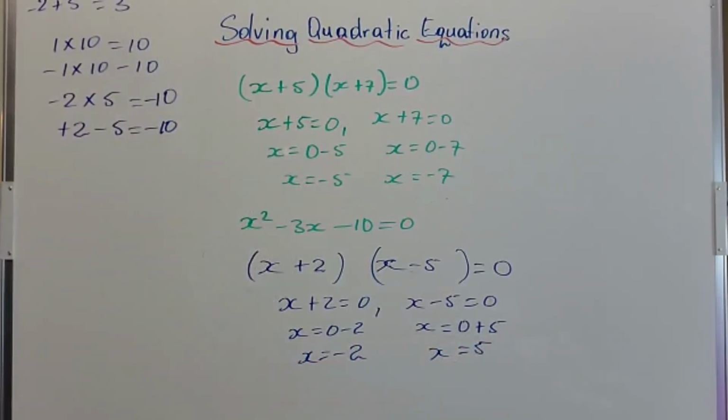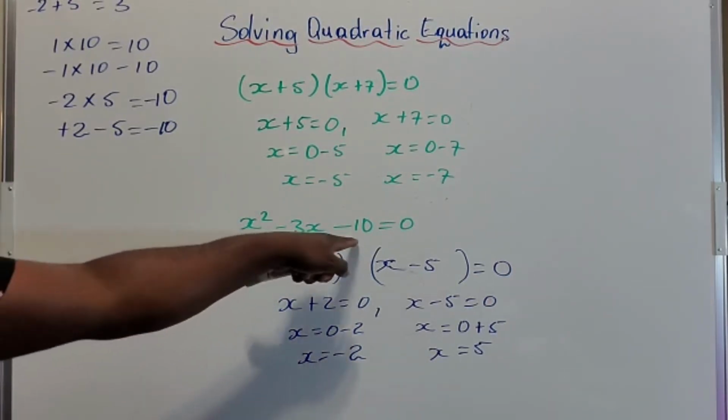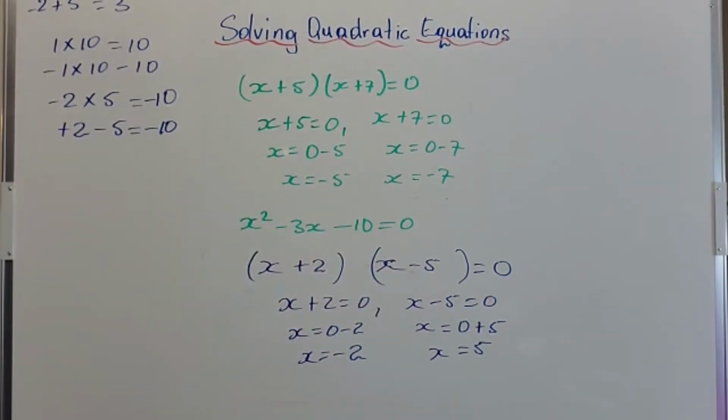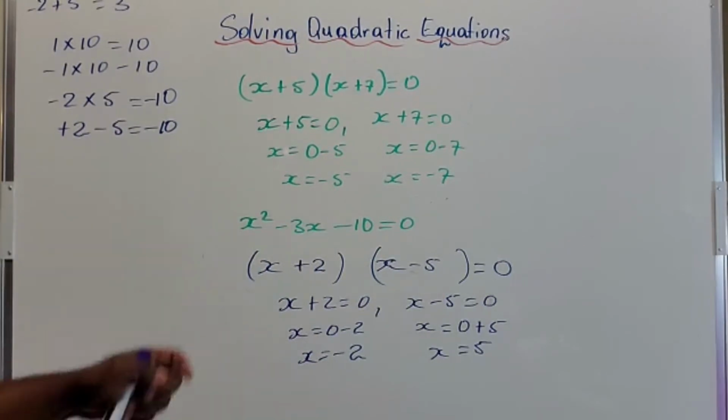So the two values of x are negative 2 and positive 5. If you were to plug that into this expression, your result would be 0.